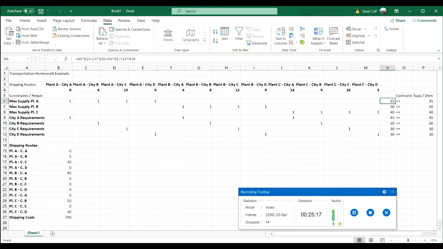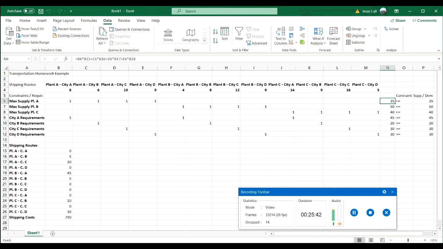We see that 45 units are being sent from plant B to city A. City A requires 45. That satisfies that. But plant B is also sending another 5 units. They have 50 units to send. This is still optimized. Finally, plant C to city B is 10 units.